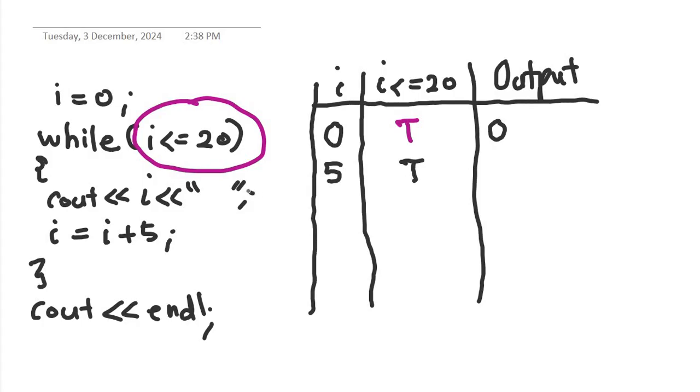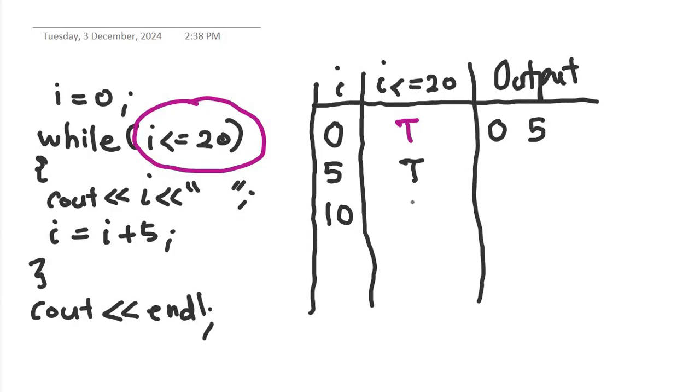Yes, still true. Then we go inside the body, cout I, so we print 5, and then increase I plus 5 again: 5 plus 5, so 10. Then we go back again to the condition.